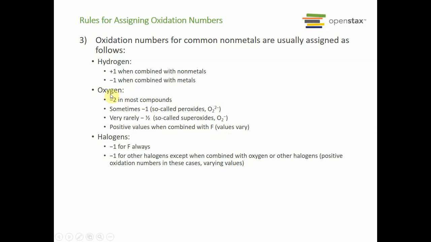For your purposes, consider oxygen to have an oxidation number of -2. Halogens have an oxidation number of -1. So this is the rule. Hydrogens have +1, oxygen has -2, and halogens have -1, just like they would in most ionic compounds.